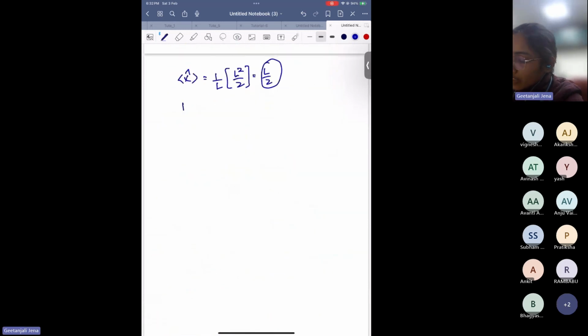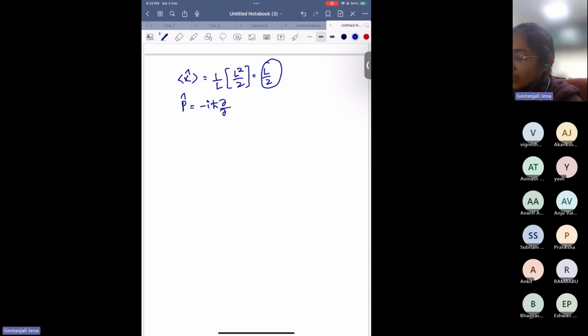So momentum operator, anyone know what is the expression for momentum operator? So this is nothing but i h cut. Akanksha, you want to tell something? Minus i h bar dou by dou x. Okay.